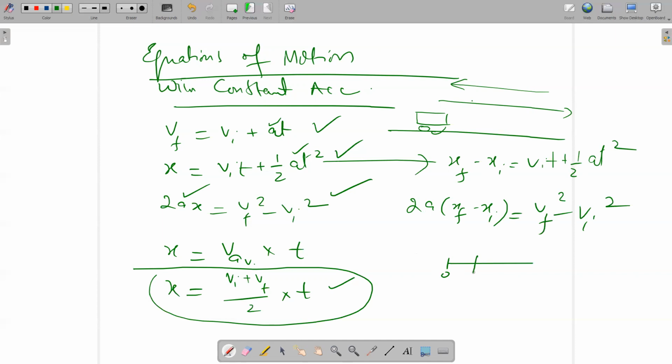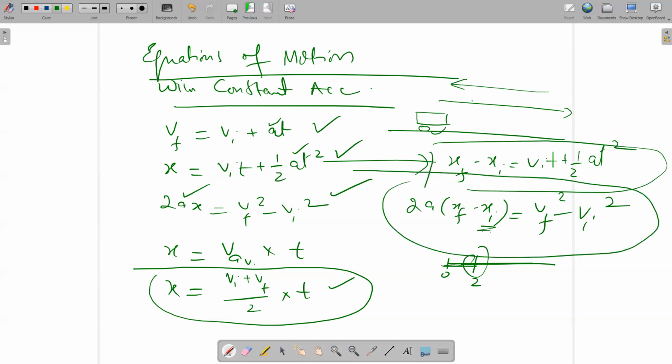If the body has already covered 2 meter distance, not 2 seconds, 2 meter distance, then your initial value is 2. You will not use 0 here. So that's why the equation is written like this. It depends on the problem, what type of problem is given, and according to that problem, you have to put the value.